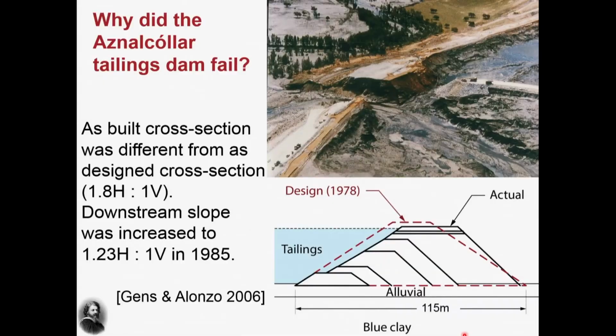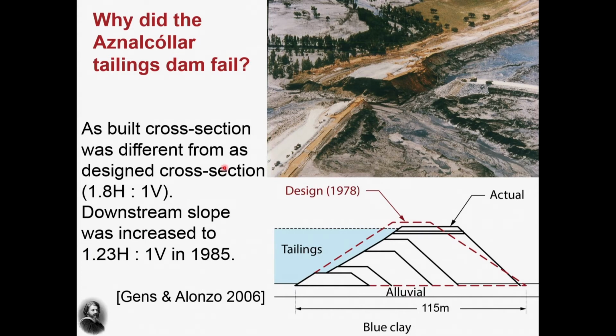Then why did the Aznalcóllar Dam fail? The picture for this one is maybe a bit more complex, but still there was a factor that was very, very important, and it's illustrated here. The design is the red curve, or the red slopes, and what was actual on this side is quite similar, but look at this, much, much steeper. Who allowed that?